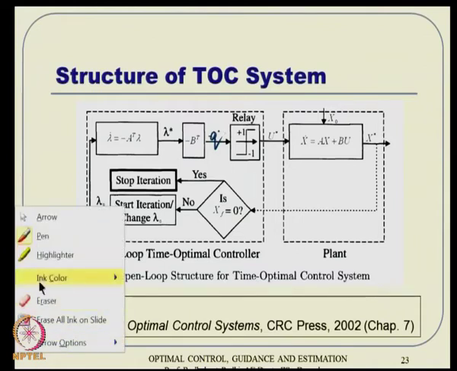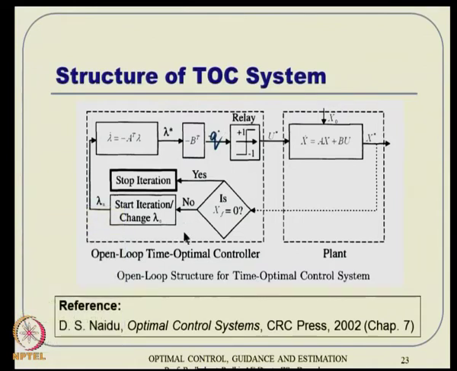Then you can pass it through a relay function and you will get u star, and then continue that iteration. Finally, you check whether after some time x of Tf is 0 or not. If Tf is sufficiently large and x of Tf is still not 0, then my guess itself was not good. So, I will change this lambda naught and repeat the procedure.